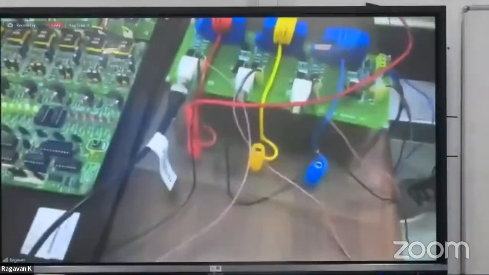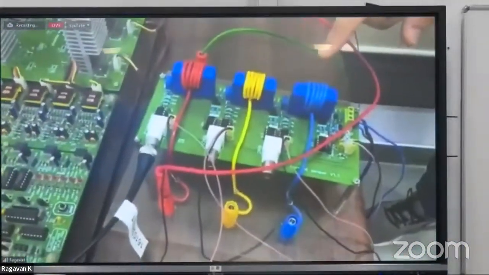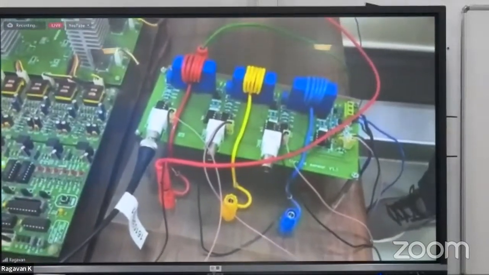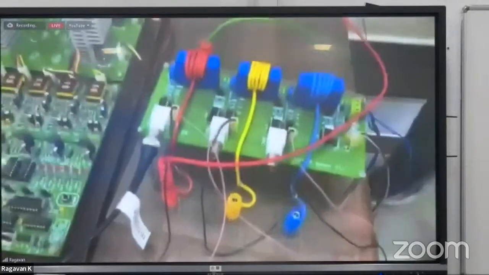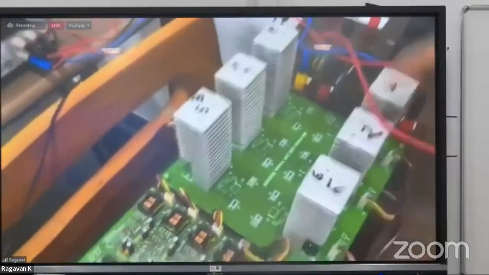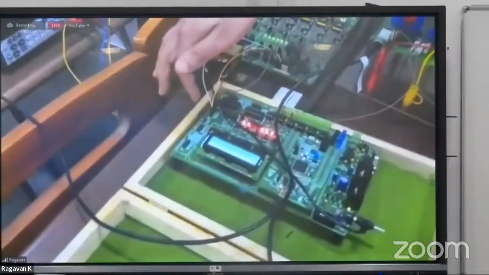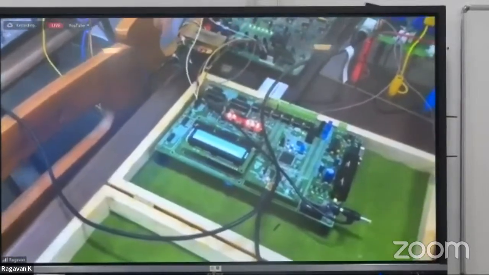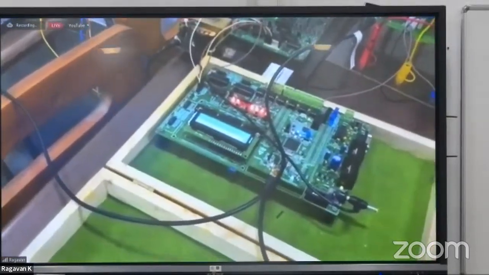So this is the STM32 microcontroller we have seen yesterday, right? This is the sensor card, and I have used the first one, the red one sensor. And this is the digital output port of this microcontroller board, and I'm getting 4 pulses.